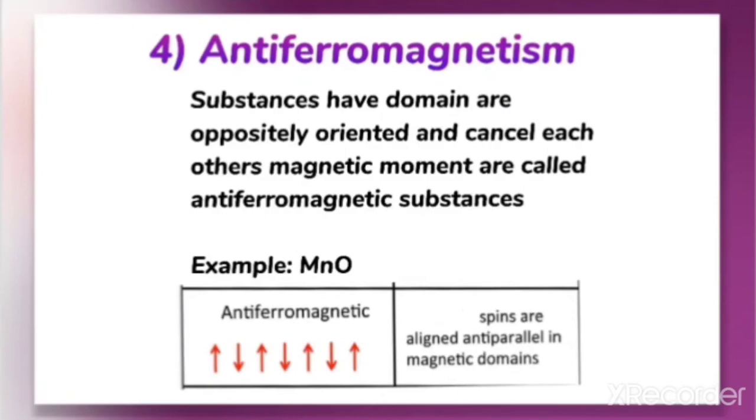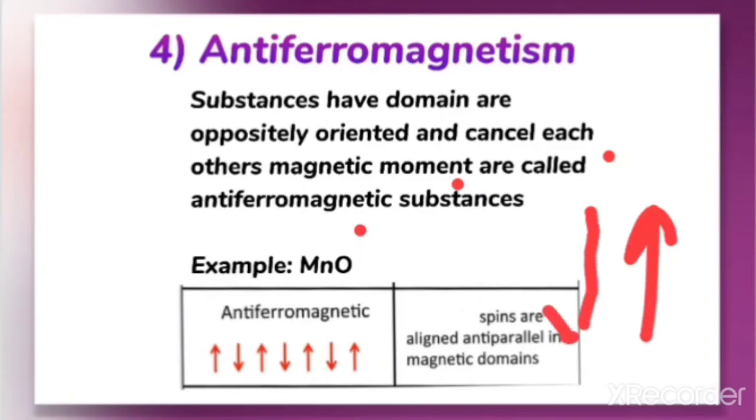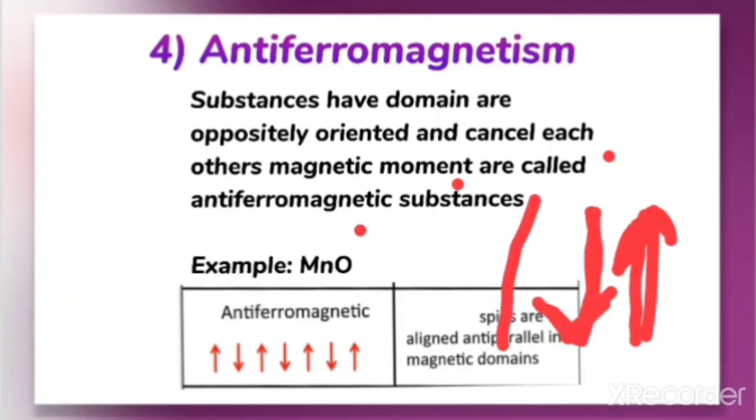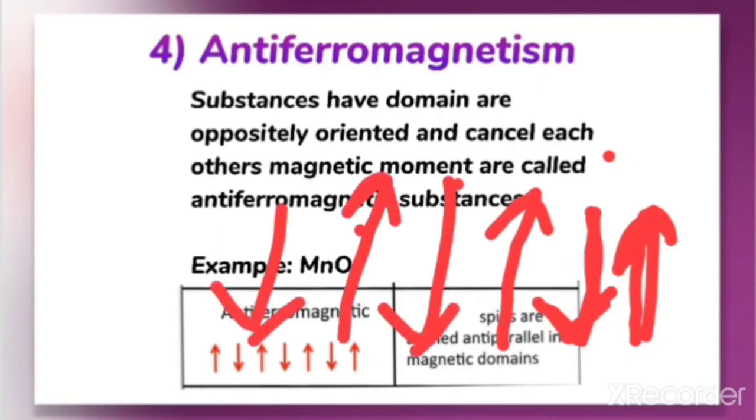Substances that have domains which are oppositely oriented and cancel each other's magnetic moment are called antiferromagnetic. Here also the magnetic moment is oriented, but in the opposite direction. That means one is in this direction, the other is in the opposite direction.